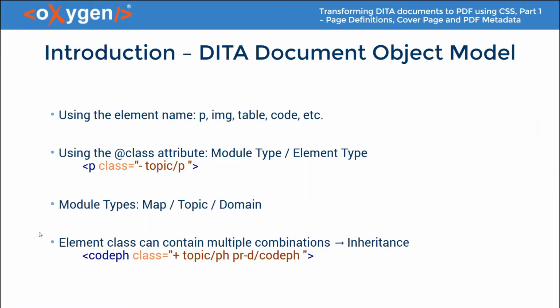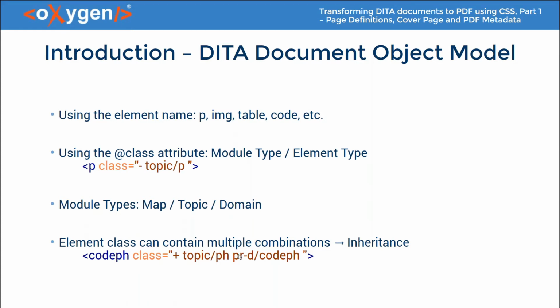To continue, DITA also introduces an inheritance part, which means that a class can be composed of multiple couples of module type and element type. For example, if I take the code phrase element, I may understand from this attribute that it comes from the topic classic phrase element, but it's a child of this main domain.